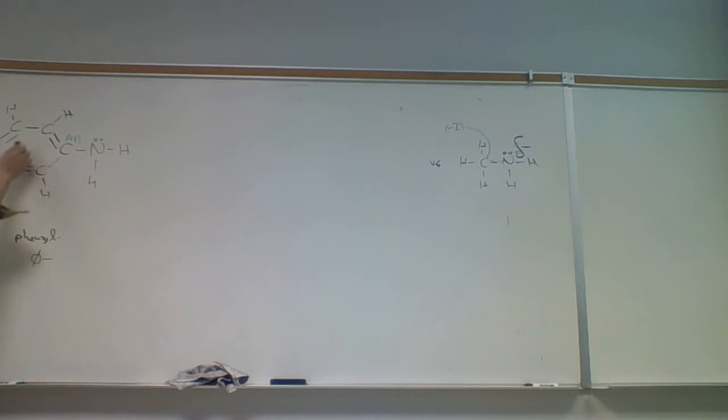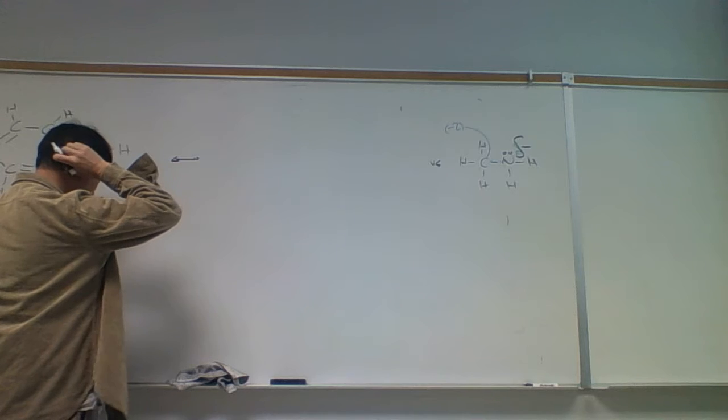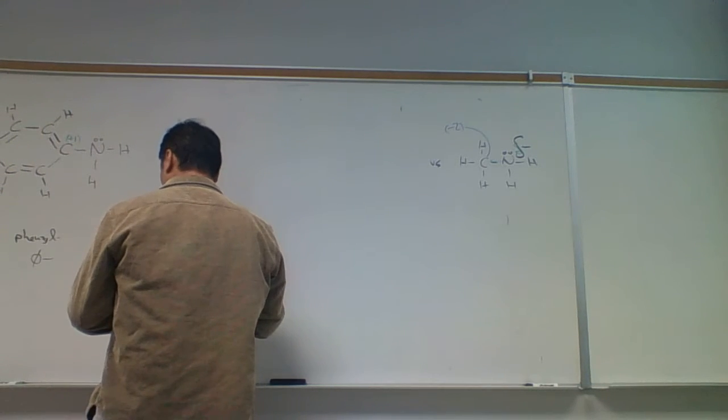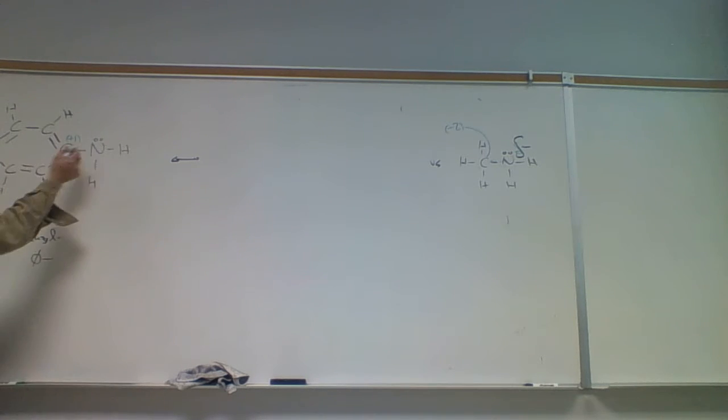Another thing is that, even though it doesn't look like it, we can delocalize the electrons into the ring. We put this sp3 lone pair into the bond and make a pi bond here, converting this nitrogen to sp2, forming a pp pi bond.